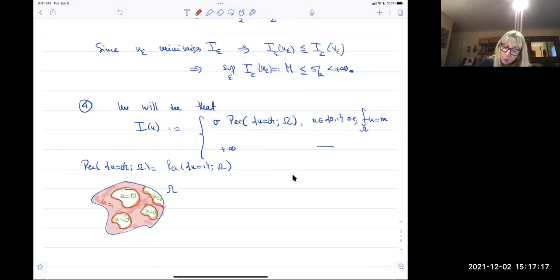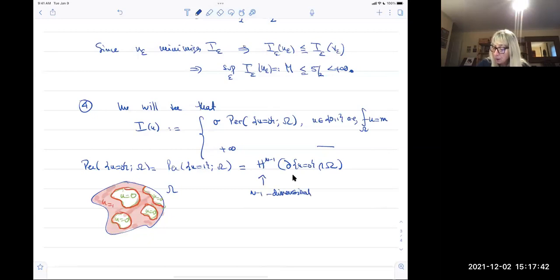Okay. The perimeter is the same as basically surface area. So another way of writing this is with the Hausdorff measure of the boundary where u equal to 0 intersection with omega, right? That's the N-1 dimensional Hausdorff measure, which, as we mentioned before, if you are on the line, the H0 measure is just the counting measure, you just count the endpoints. If you are on the plane, it's just length.